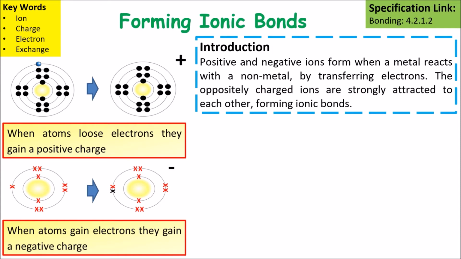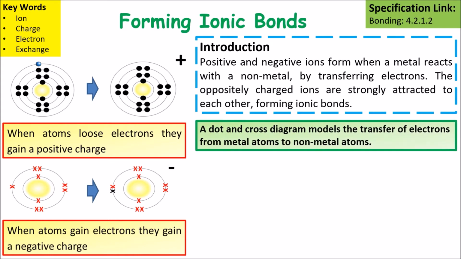Positive and negative ions form when metals react with non-metals by transferring electrons. The oppositely charged ions are strongly attracted to each other by electrostatic forces, forming an ionic bond. A dot and cross diagram or a dot and cross model can show how these electrons have been transferred.